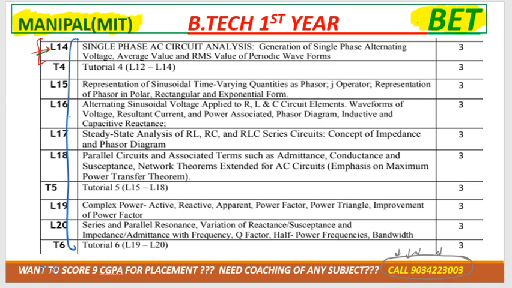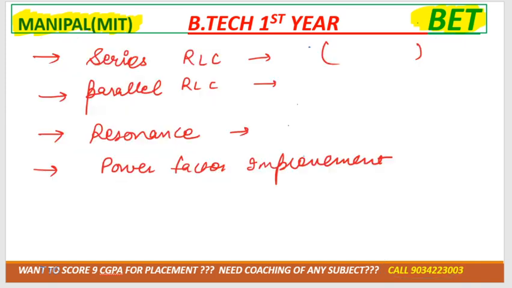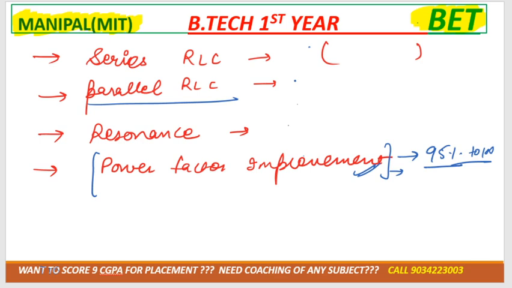So if you consider, there are four topics. For the series RLC numerical there is a 95 to 100% chance that this question will come. It has a particular pattern that is the same for every question. Then for the parallel RLC based circuit, you have a 90 to 95% chance, based on the pattern that comes in Manipal.